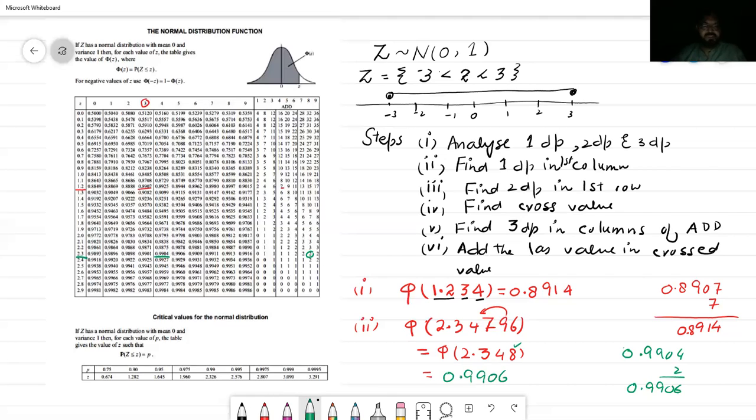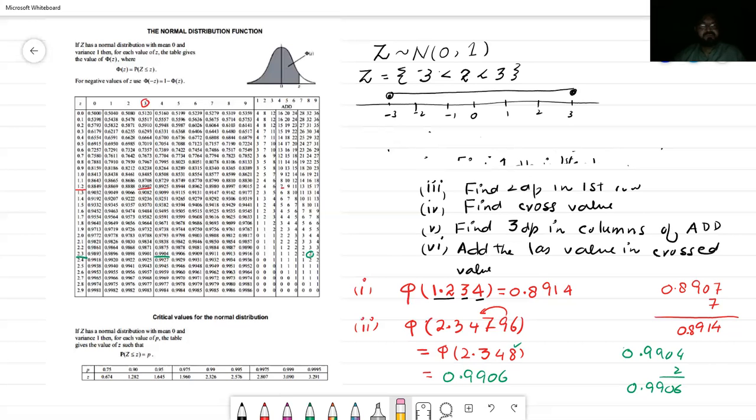I want to erase this one, so these are the steps I have to erase. My third example is just like this one.